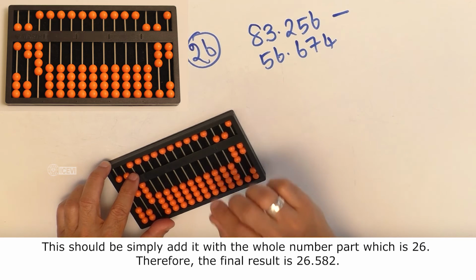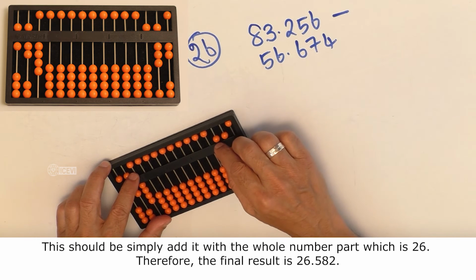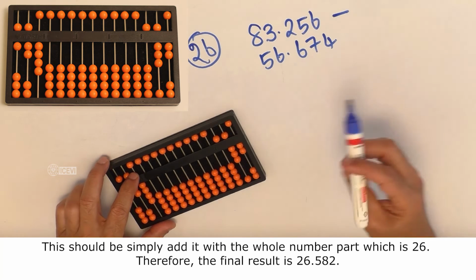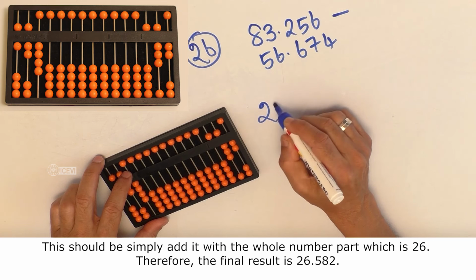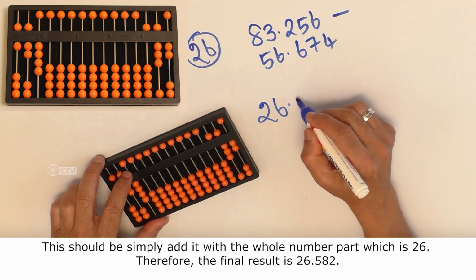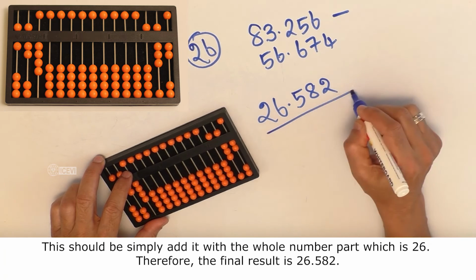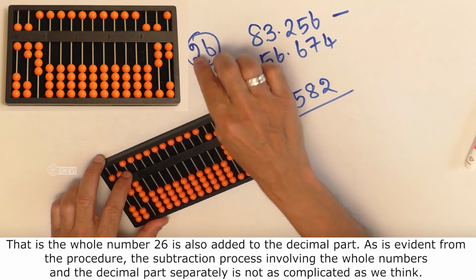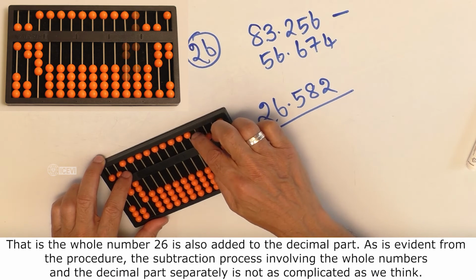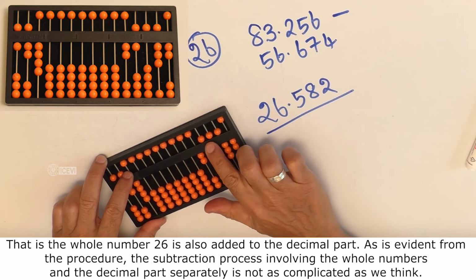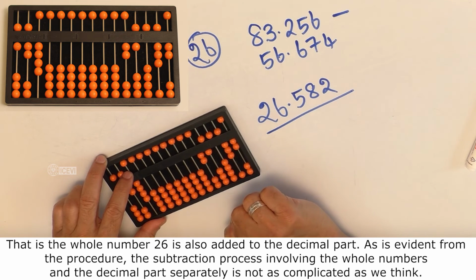This should simply be added with the whole number part, which is 26. Therefore, the final result is 26.582. That is, that whole number 26 is also added to the decimal part.